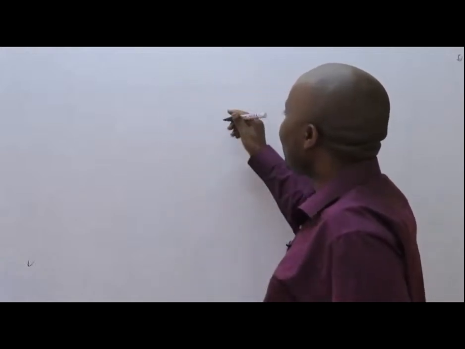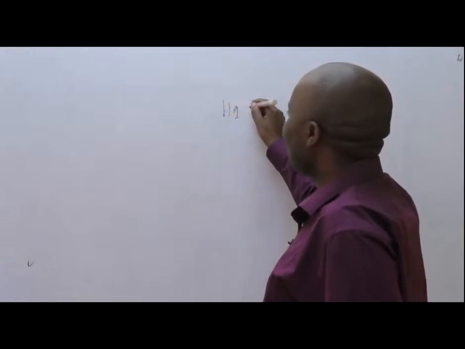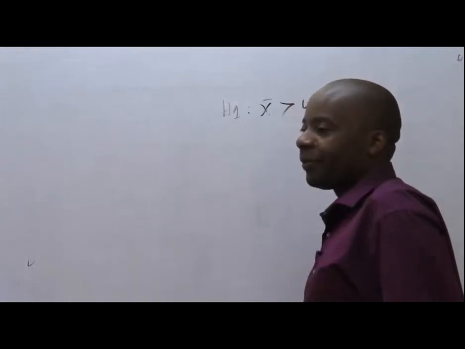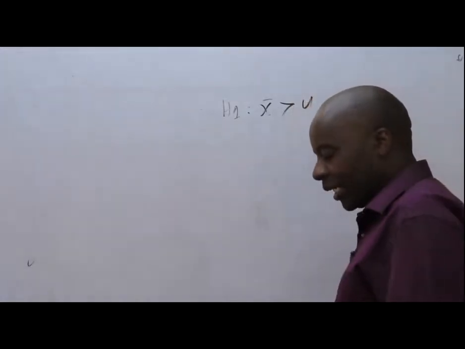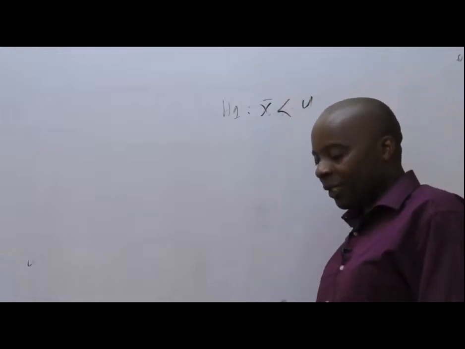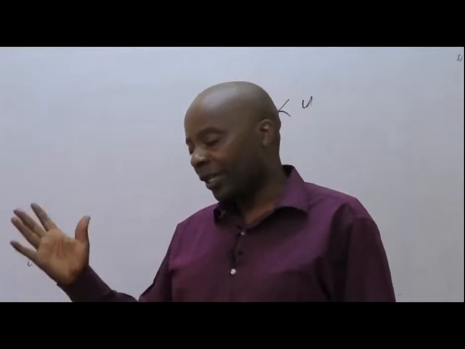You see, if, for example, your alternative hypothesis says X bar is greater than mu, you want to test the allegation. For example, there are some members of the public who have come making a lot of noise to Kenya Bureau of Standards, that the kind of bread we're getting nowadays, the weight is so little.